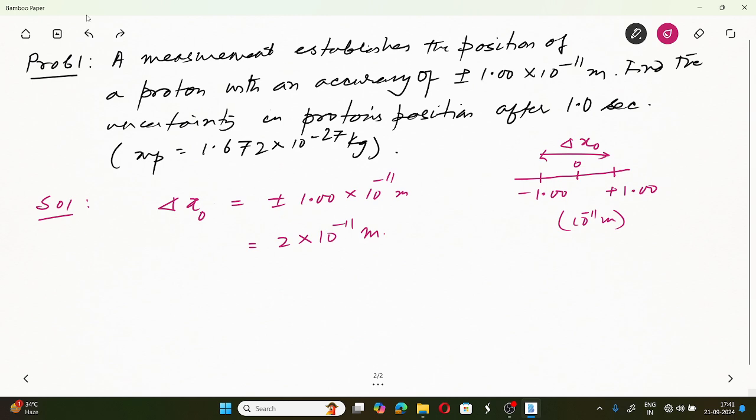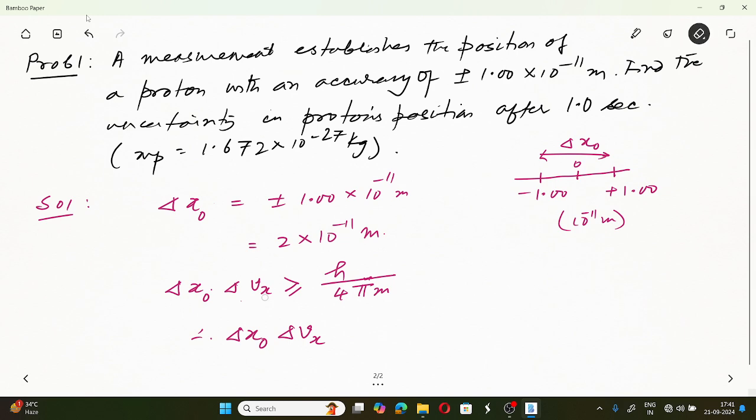Now we know that delta x into delta p x is greater than or equal to h by 4 pi, or better, let me write delta x into delta vx into m, so delta x delta vx is greater than or equal to h by 4 pi m. So initially, at time t equals 0, this is delta x 0, delta vx.